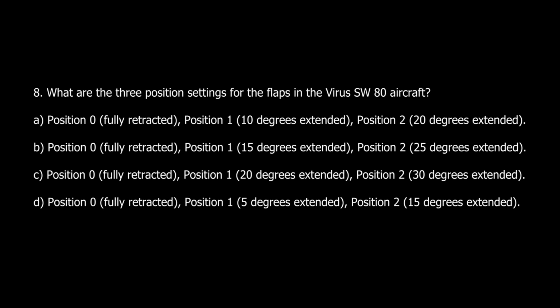C. Position 0, fully retracted, position 1, 20 degrees extended, position 2, 30 degrees extended. D. Position 0, fully retracted, position 1, 5 degrees extended, position 2, 15 degrees extended.